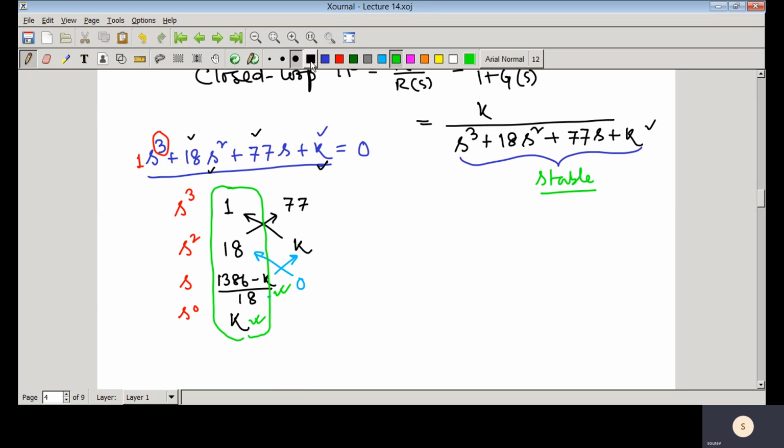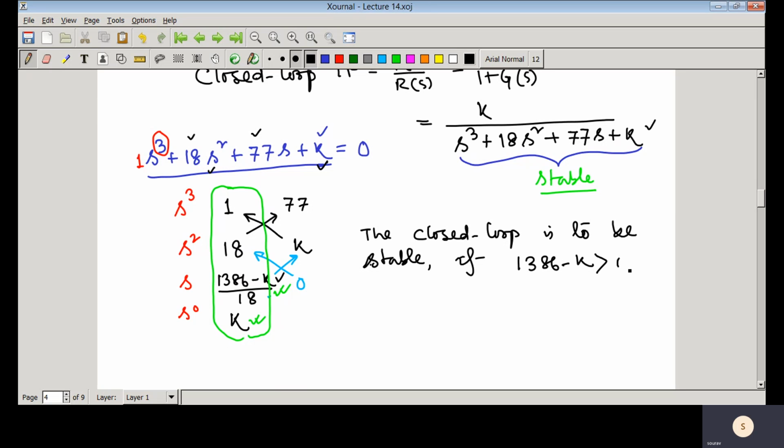So that means the closed loop system is to be stable if this term, 1386 minus K, is greater than 0. This implies that K should be less than 1386.